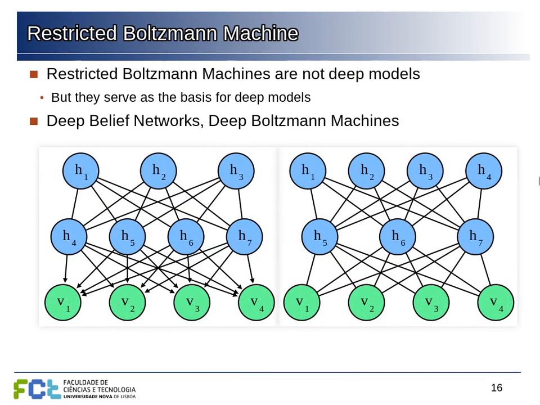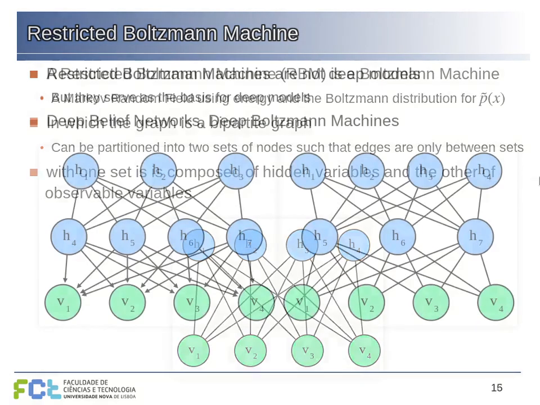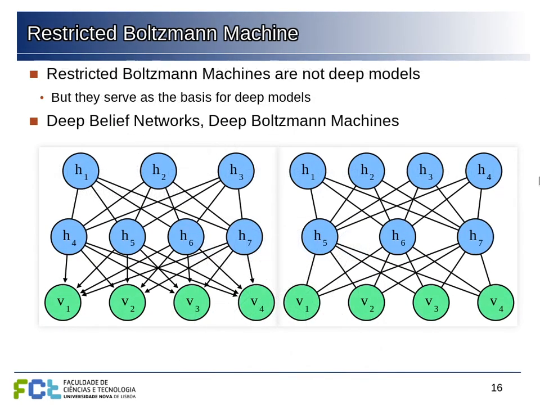Now, this is not a deep model in itself. As you see, basically we have one hidden layer and one observed layer, but it can serve as a basis for deeper models. For example, deep belief networks, which can have several of these hidden layers, and then have a directed relation between one of the hidden layers and the observed variables.